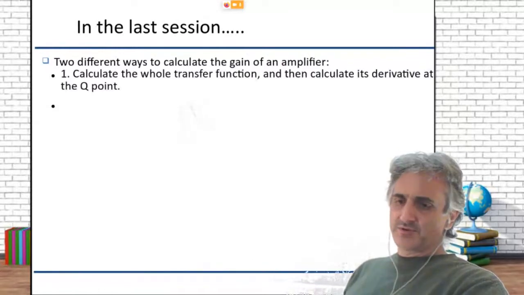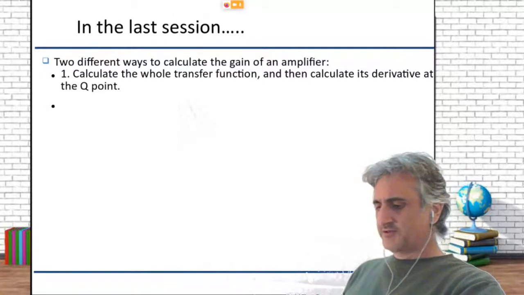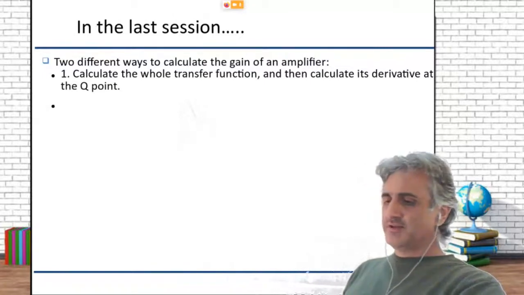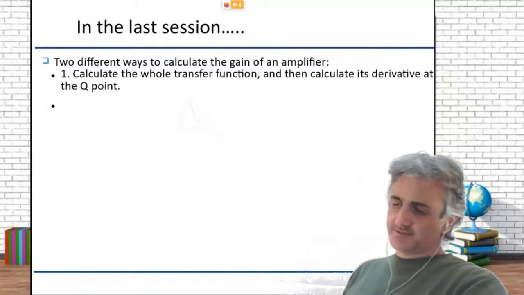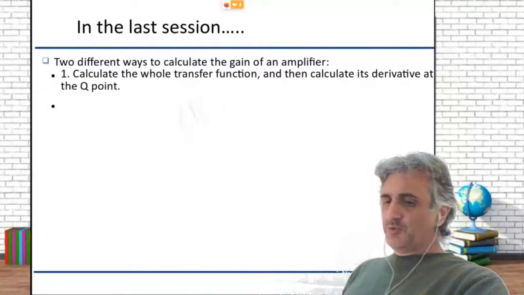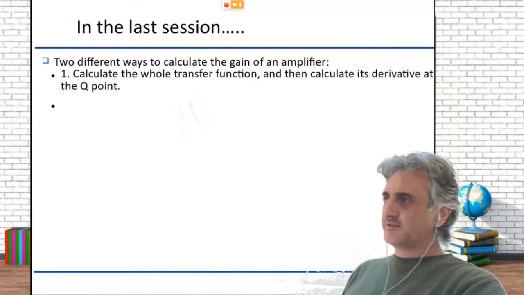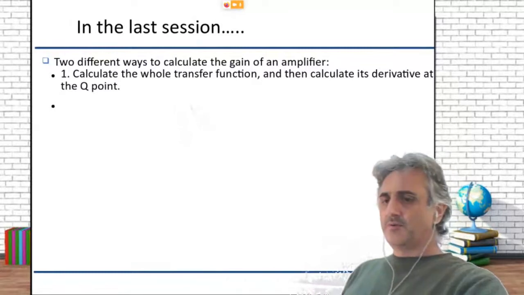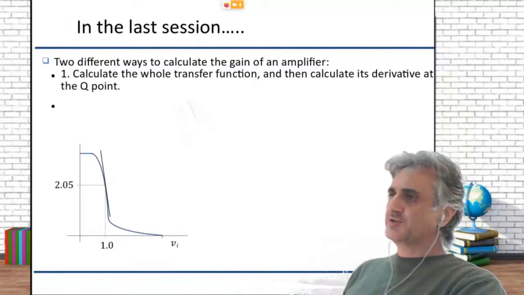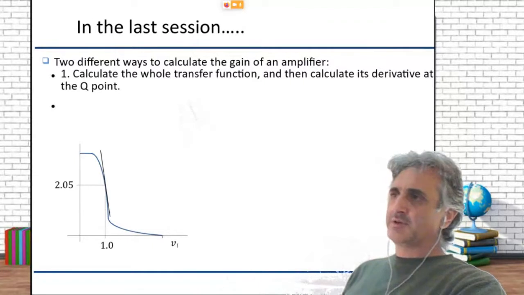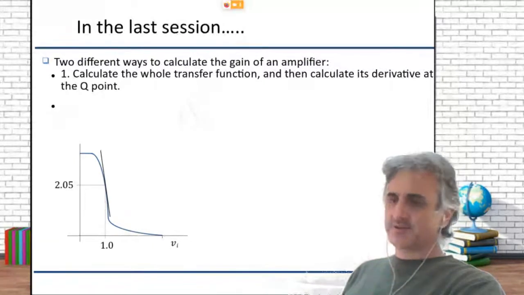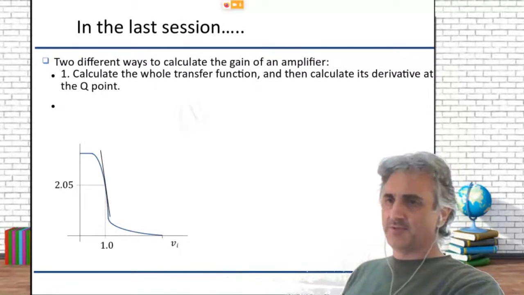The first way was, okay, that's the complex way. We get the long channel model, the full cutoff, saturation, and linear region, and we calculate the whole transfer function, and then at the point of interest, this is going to be the gain of the amplifier at this point.